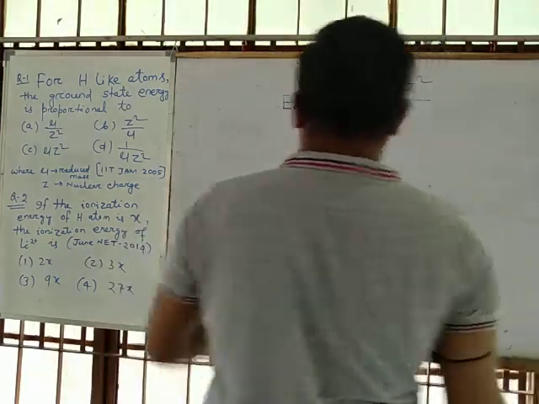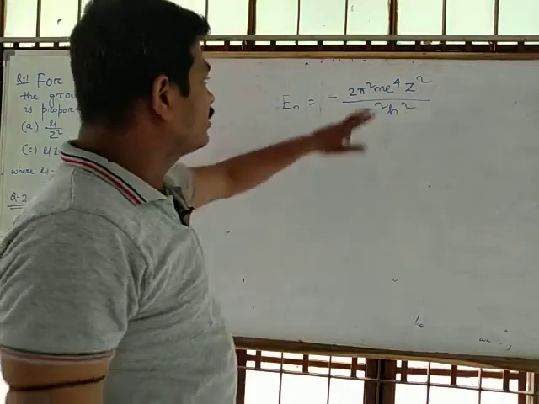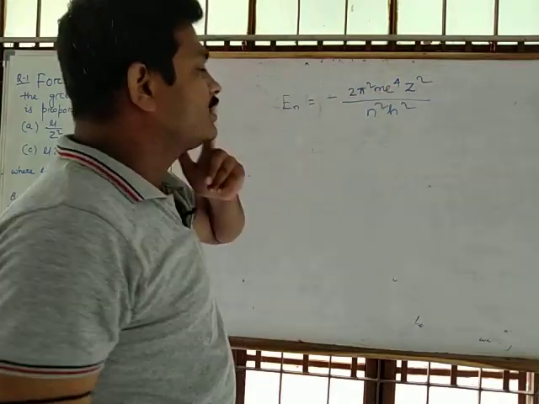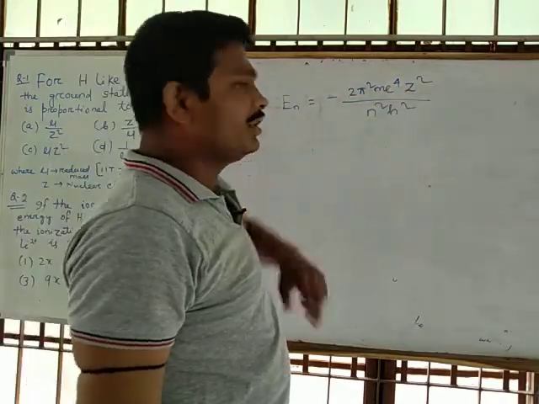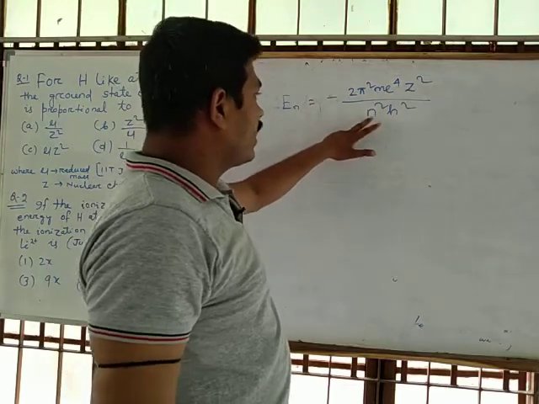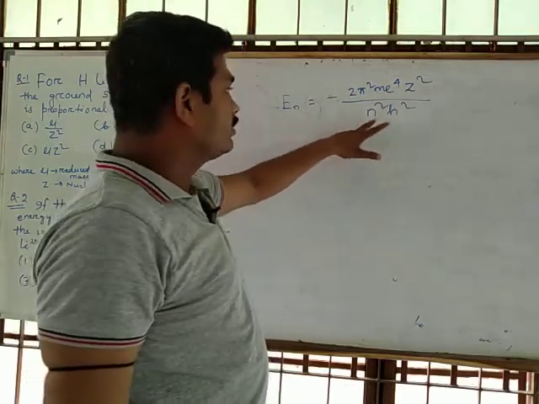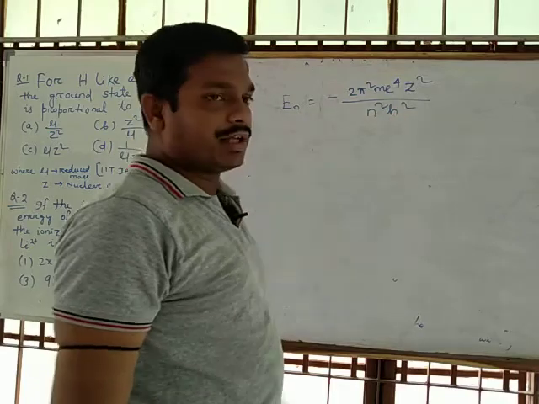Here m is the mass of electron, e is the charge of electron, Z is the nuclear charge or atomic number, n is the number of the orbit in which the electron is present, h is the Planck's constant.